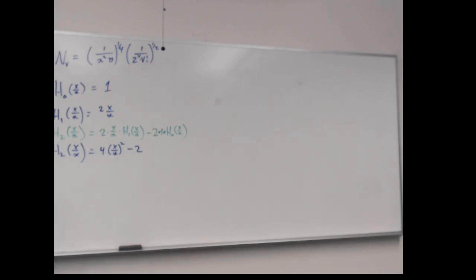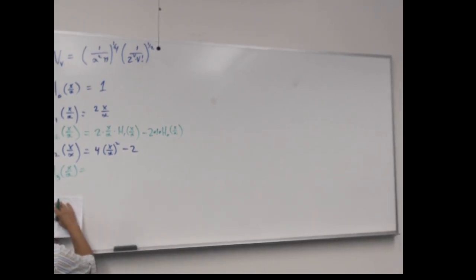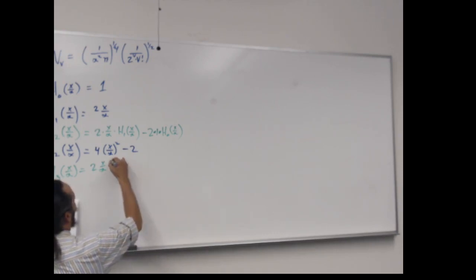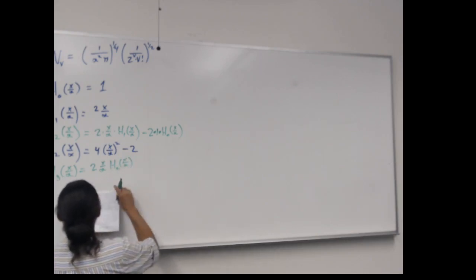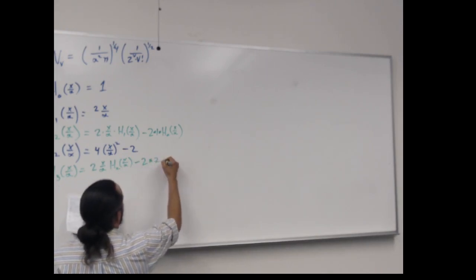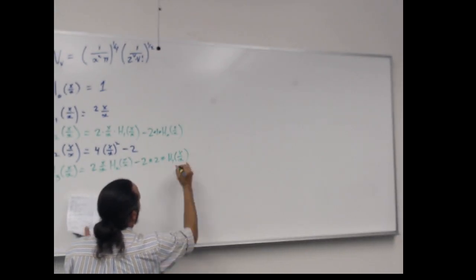We can do the same thing for H3, and we start to notice a pattern. H3 of x over alpha is equal to 2x over alpha times H2 of x over alpha minus 2 times 2 times H1 of x over alpha.